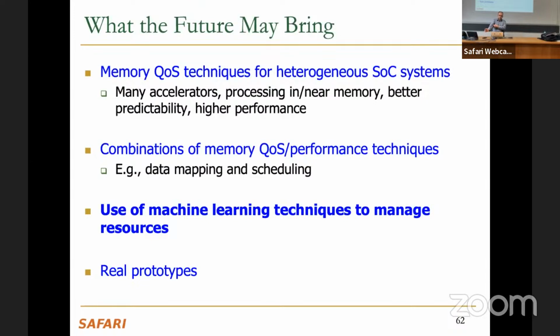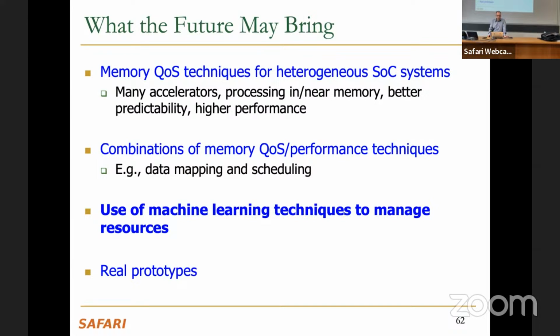So what may the future bring? Memory QoS techniques for heterogeneous SoC systems are essential, along with many accelerators and processing in or near memory, for better predictability and higher performance. Also, combinations of memory QoS performance techniques like data mapping and scheduling, and at the same time using machine learning techniques to manage resources.